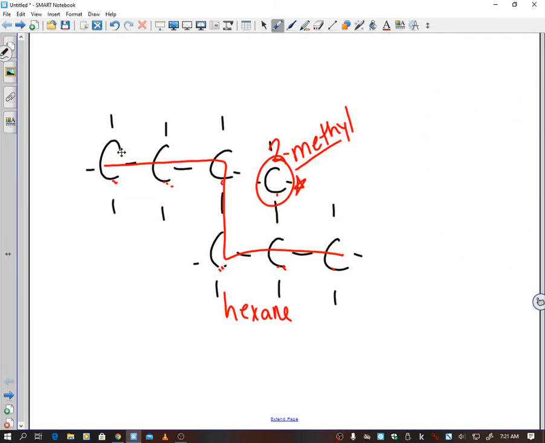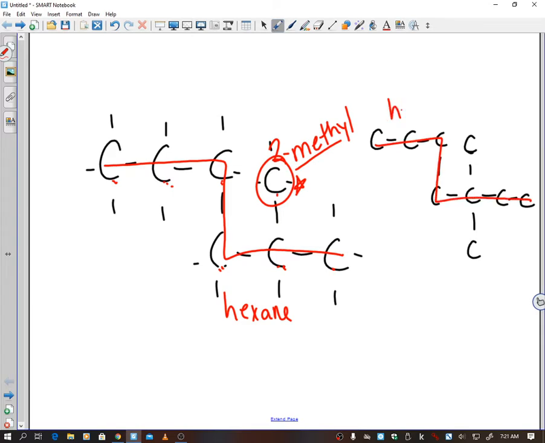If I had something, I'm going to draw another one that's very similar. I'm going to do this. So I go 1, 2, 3, 4, 5, 6, 7.